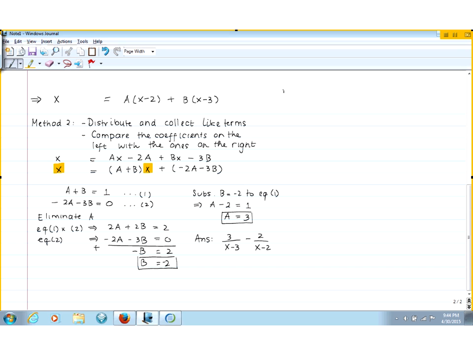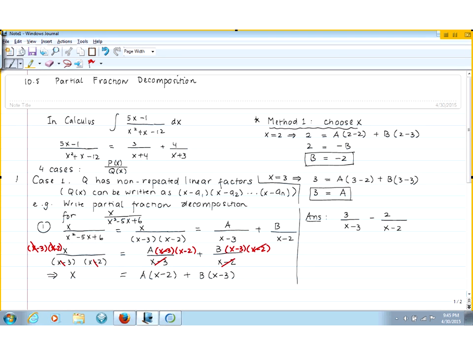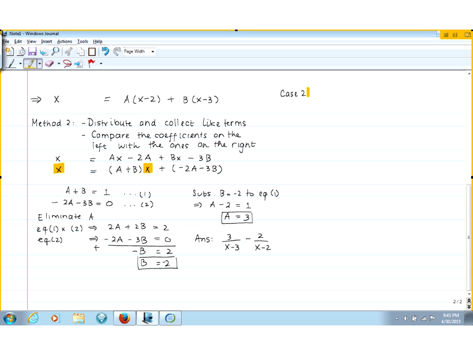We could use this page actually, and then we will continue on the next page. So case 2. Did we label this as B? Hold on, let me go back. Oh yeah, so this is A. This is case 1. Q has non-repeated linear factors. Now the next one is case 2. B.